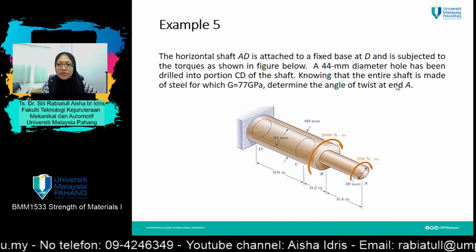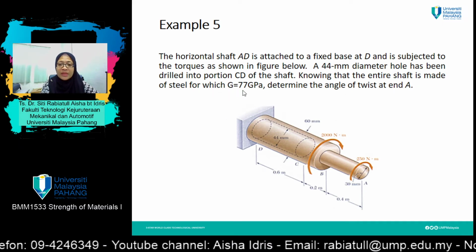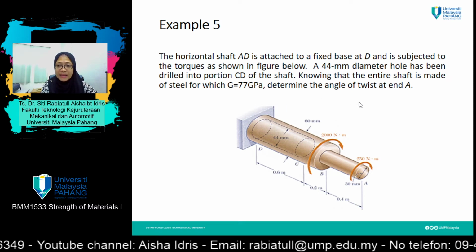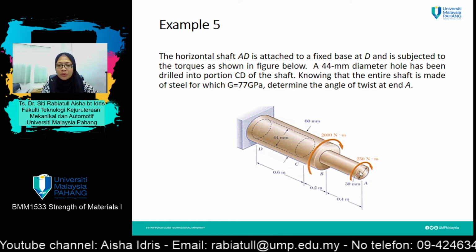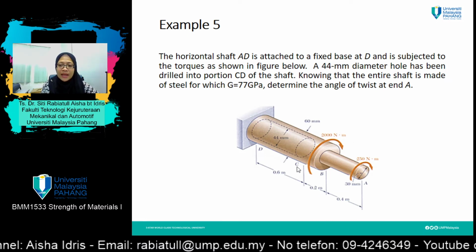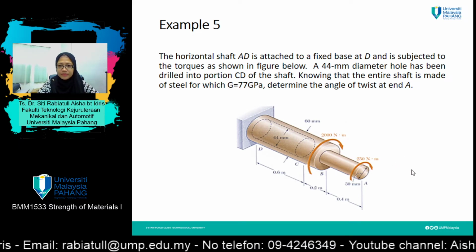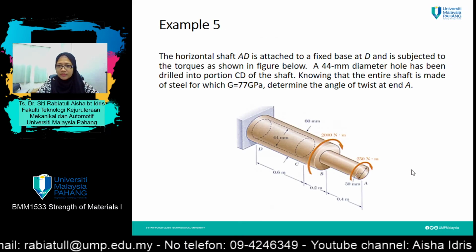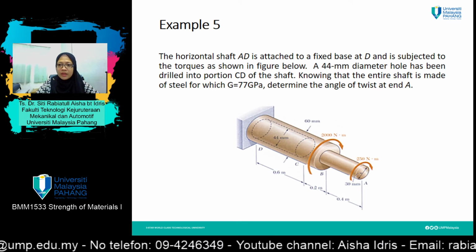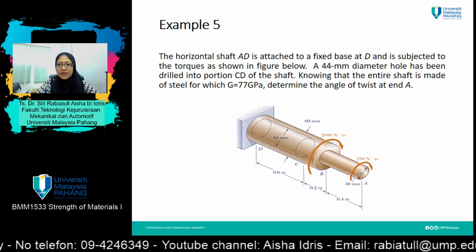Knowing that the entire shaft is made of steel for which G equals 77 gigapascal, determine the angle of twist at end A. By looking at this diagram, we know that CD is a hollow shaft, and the question asks you to find the angle of twist at end A.